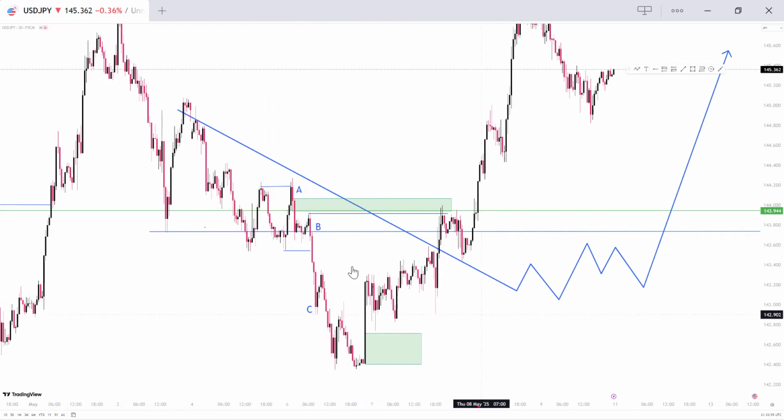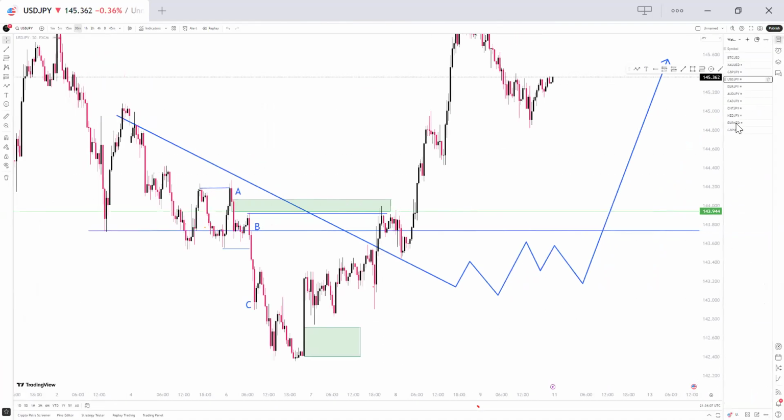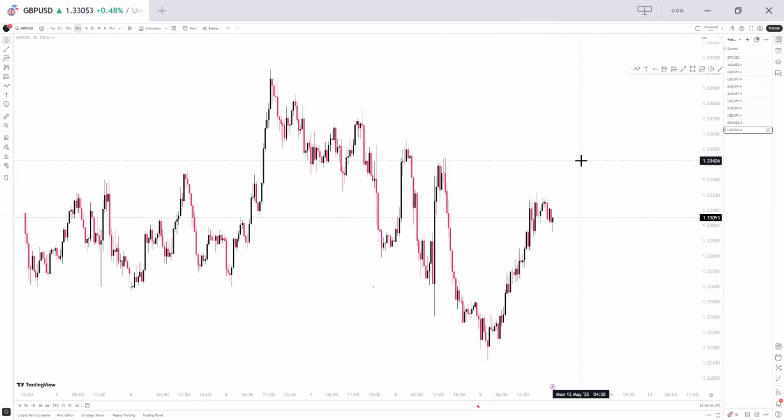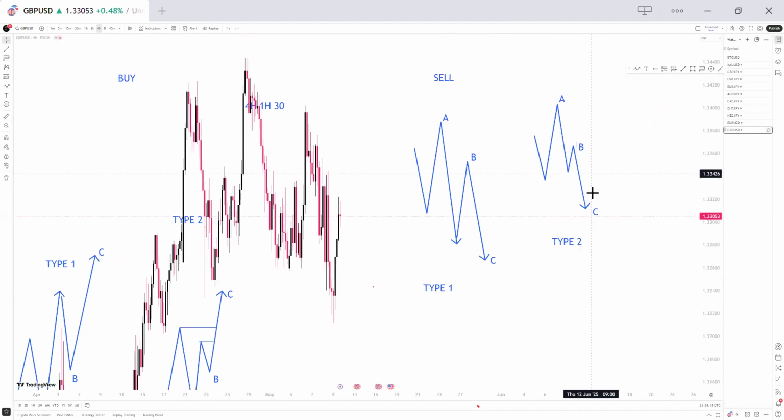So this is your A, B, C. If you go back to our GBP USD where I marked everything out on the 4 hours time frame, you see that's a type 2 example. Price will reverse, take out this before it starts selling.